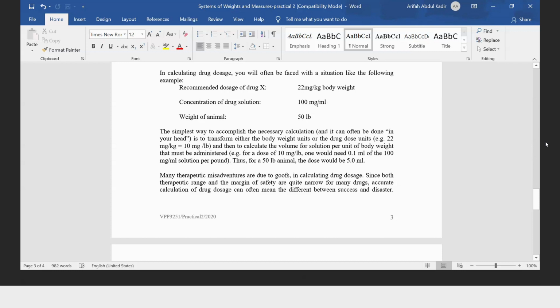So two are in metric and one is in the imperial system. It's up to you: you can convert pounds to kilograms to make life easier, or convert the dosage to pounds. Either way will give you the same answer.